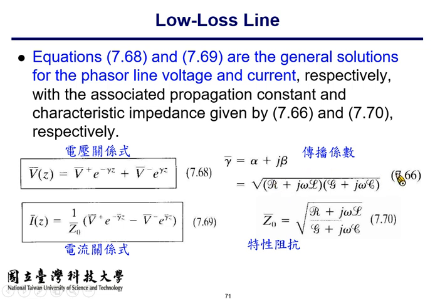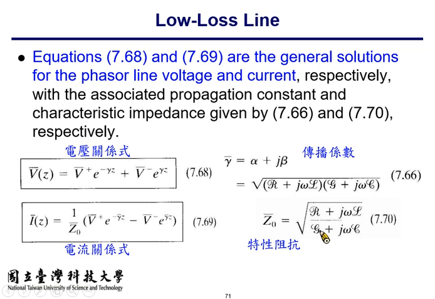As you can see here, they are formed as the square root of the product of the series components R plus j omega L times the shunt components G plus j omega C. So the corresponding attenuation constant and phase constant can be found.